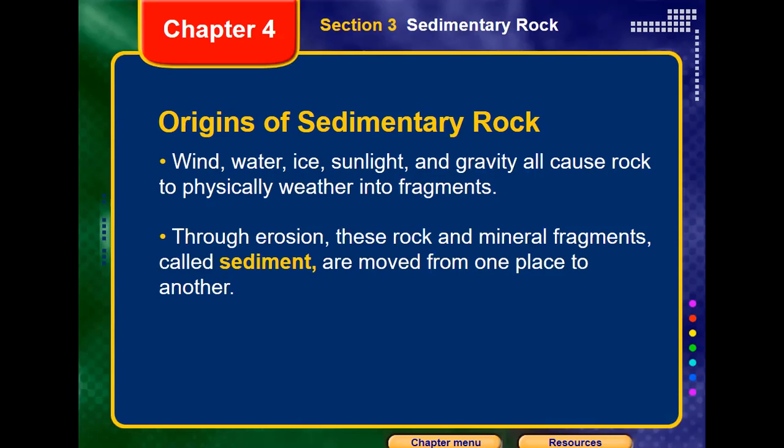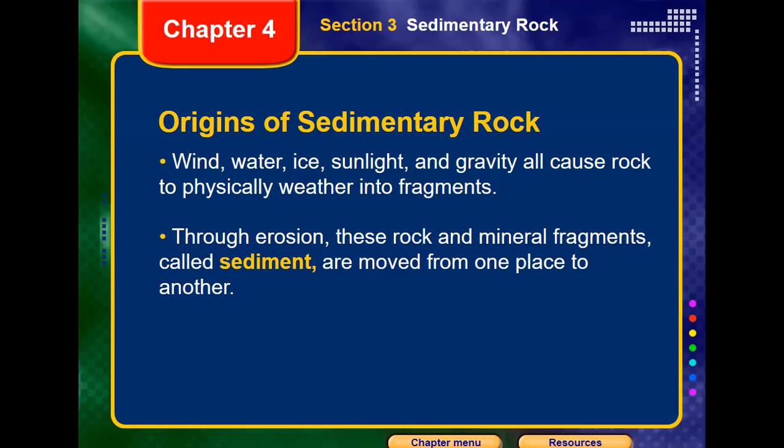Then these sediments will be eroded. Eroded means they will be transferred from their place to another place. Erosion could happen because of water, gravity, glaciers, anything that could push these pieces of rock from their original place to another place.